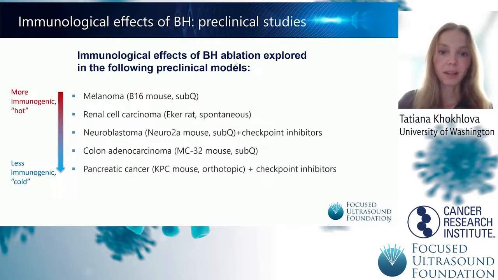And to date, the effects of boiling histotripsy ablation were explored in a few preclinical models, and I listed them here in the order from relatively more immunogenic or relatively more hot, like melanoma and renal cell carcinoma, to very cold and less immunogenic, such as pancreas cancer, colon adenocarcinoma, and neuroblastoma.